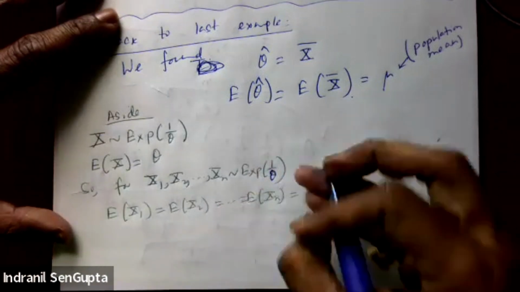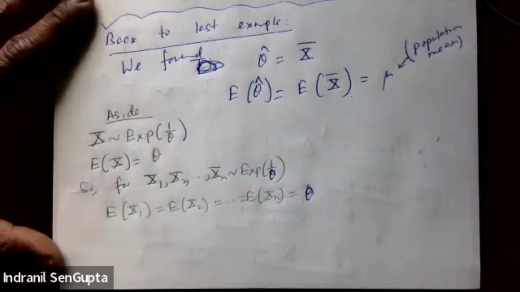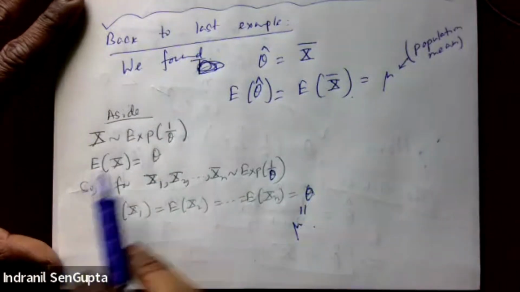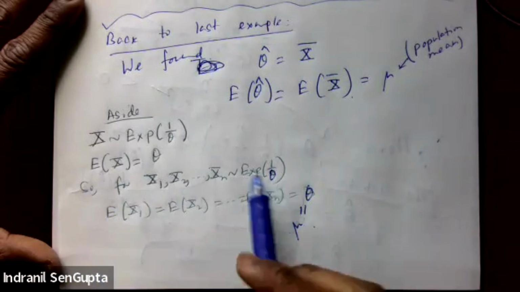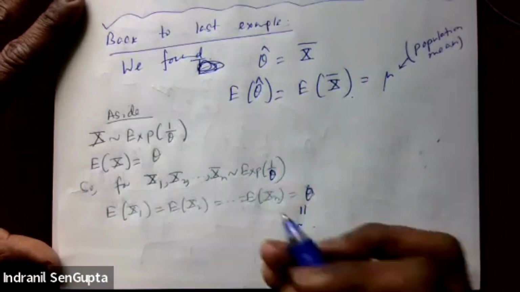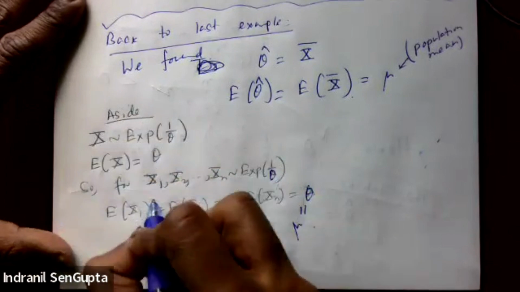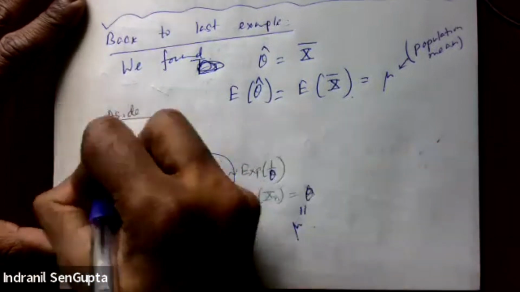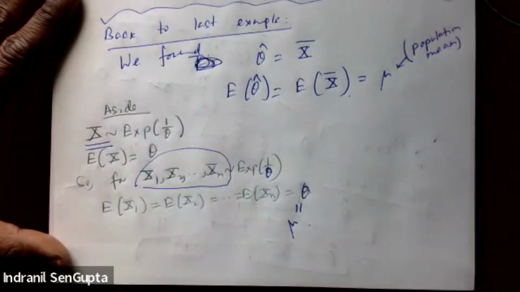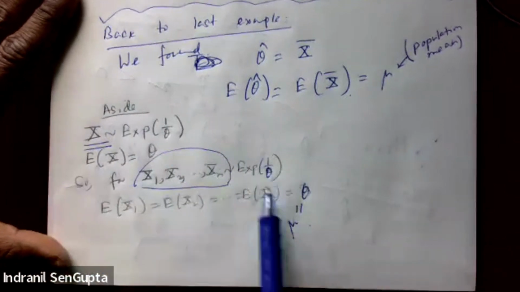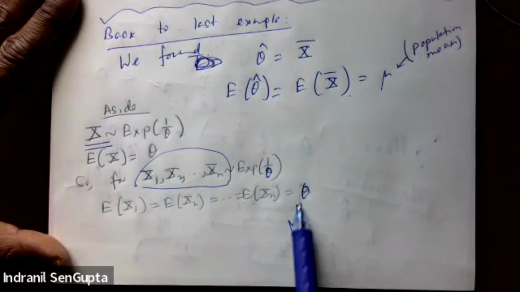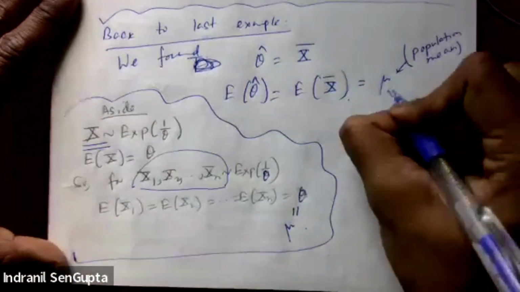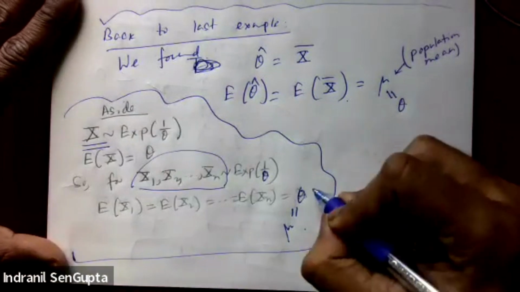So let's write theta. This is my mu, for the entire population. Every x1, x2, each of these satisfies the distribution of X, so the population mean is mu, and that is theta. So this is really theta from here.